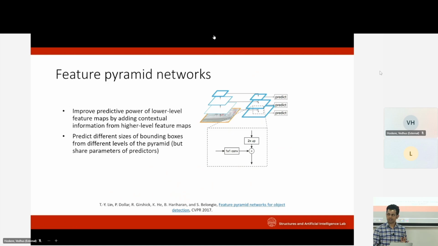Any questions? All right. Yes. Auxiliary class. Yes. Oh, no, they use the ground truth. It's a classification. So you see that they have the same output stems.